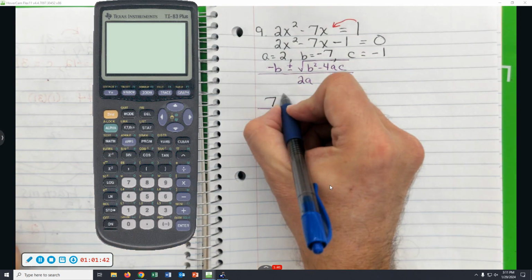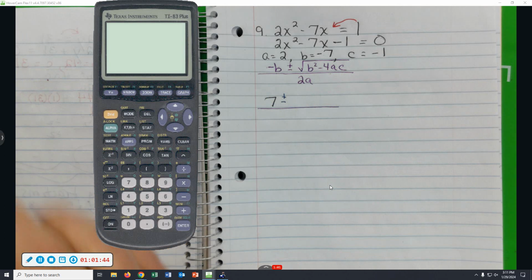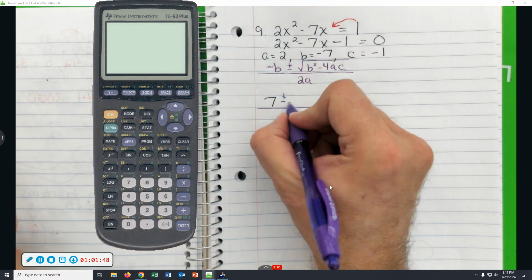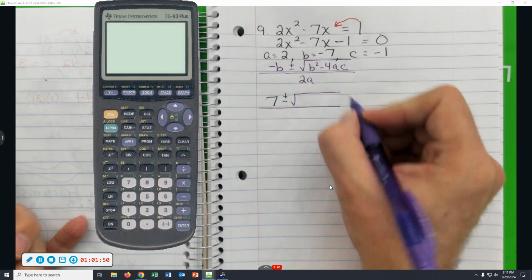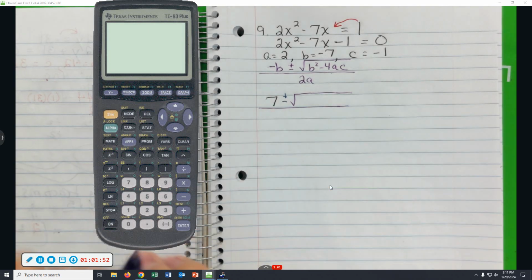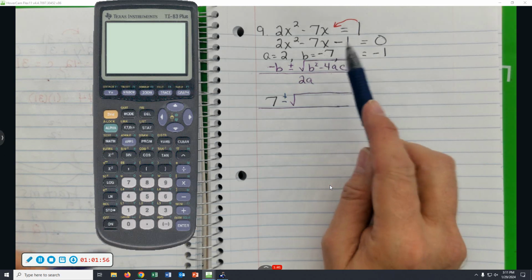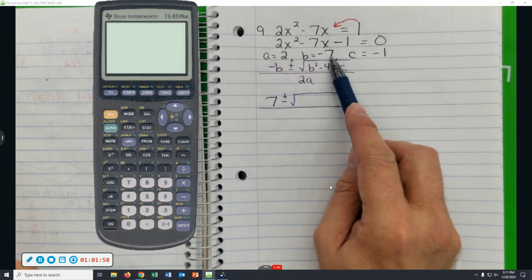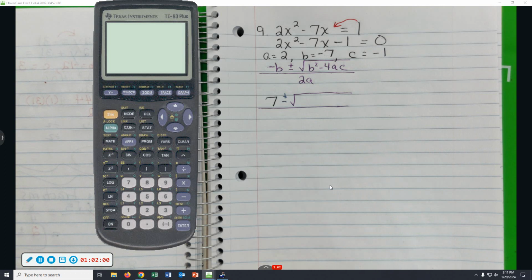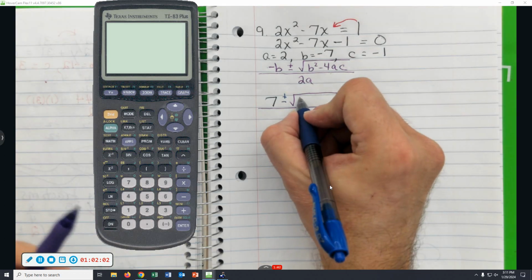Then plus or minus, oops, I grabbed the wrong color. Square root, okay, b squared. What's negative 7 times negative 7? Y'all know that. You don't need to use a calculator. 49, okay.